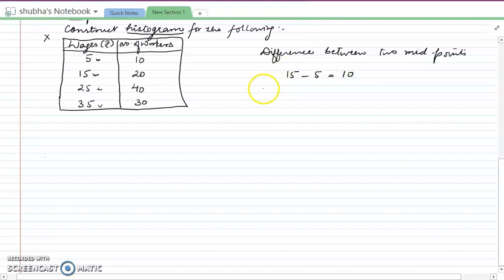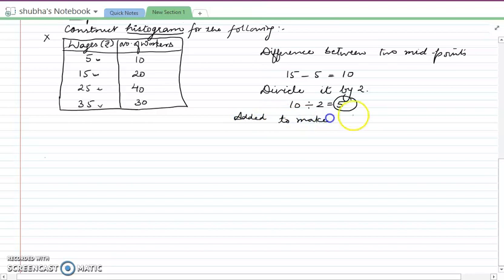Then after getting the difference between the two midpoints, we divide it by 2. 10 divided by 2 is 5. This 5 is added to make the upper limit and subtracted to make the lower limit.